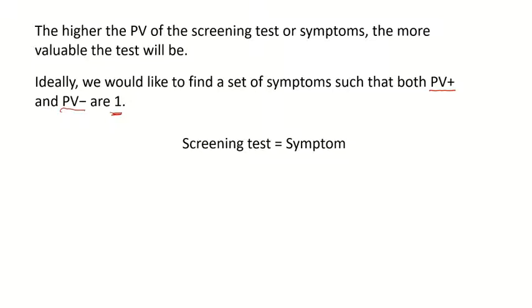But there is a downside to the dependence on predictive values of screening tests. And what is that? The downside is not all patients will be able to do a screening test. And not all will want to do it.